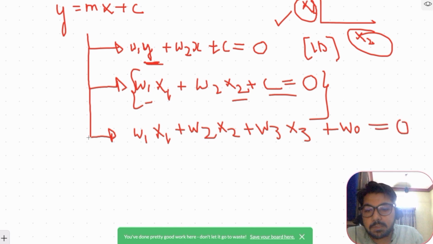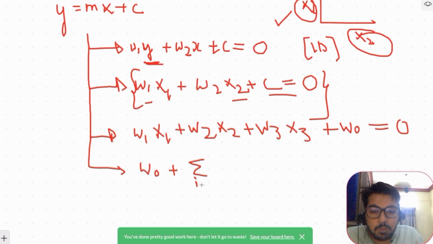So if I generalize this equation, it would come out to be w0 plus the summation of i equal to 1 to n, if I have n features, wi xi.